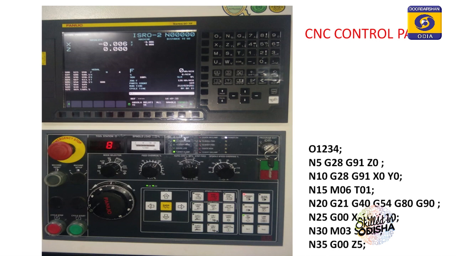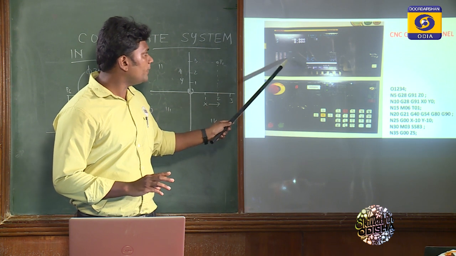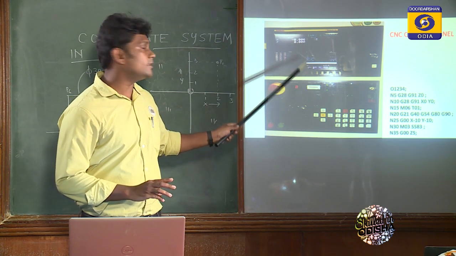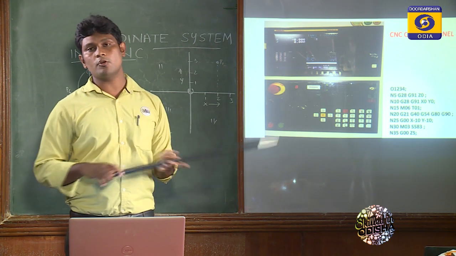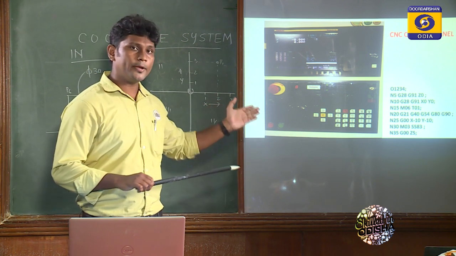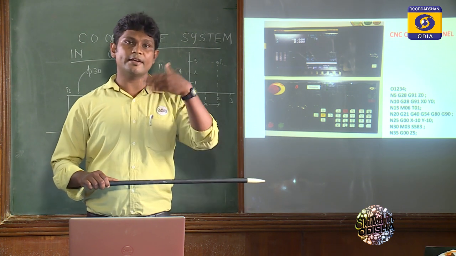According to the program, it will be converted into an electronic signal by the controller inside this panel board. The control board's work is to convert this program into particular electrical pulses.